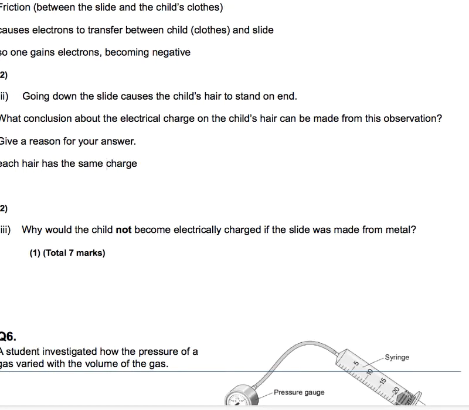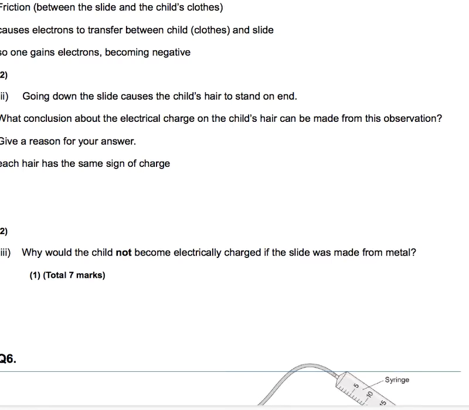Let's make that really specific: same sign, all positive, all negative. That's only one mark though. But you know that because the hairs are repelling each other and like charges repel. So there it is.